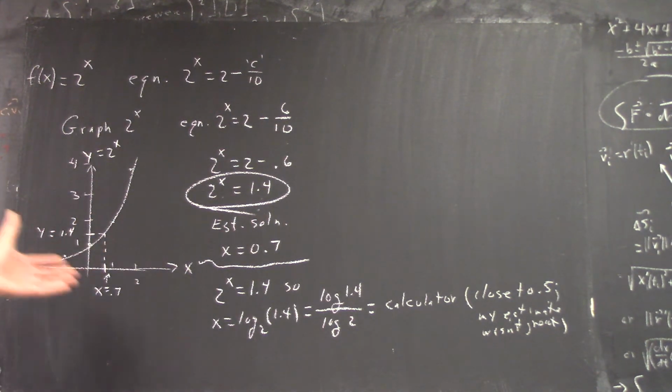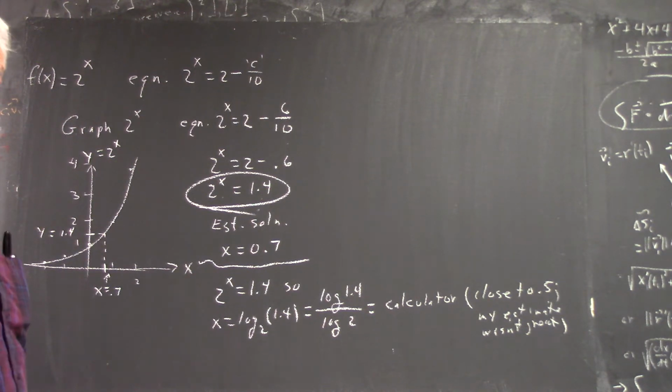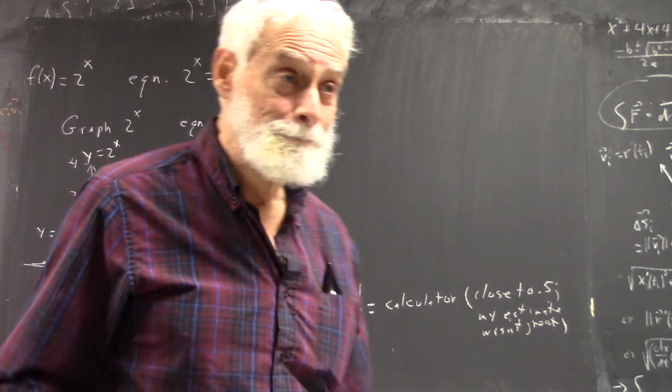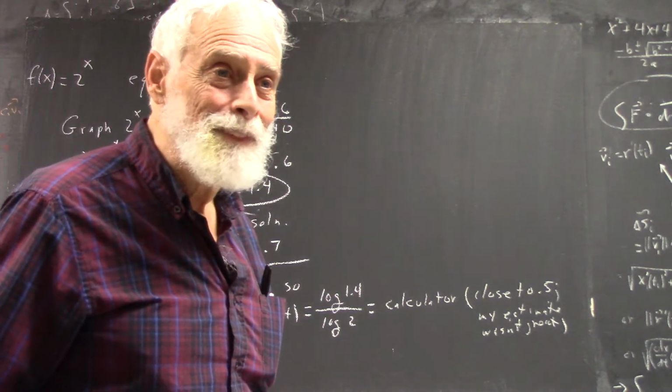Did I do anything? You see anything else I did? Is 1.4 about right? If this is 1 and this is 2, I think that's not bad. And yeah, the more I look at it, the more horribly I'm disappointed. And it's a fault of the graph, it's not my fault. Okay. Well, okay, I'll take responsibility.